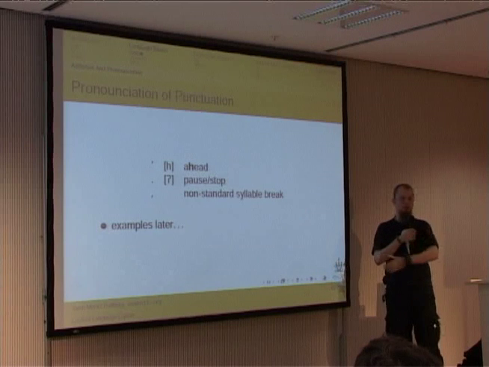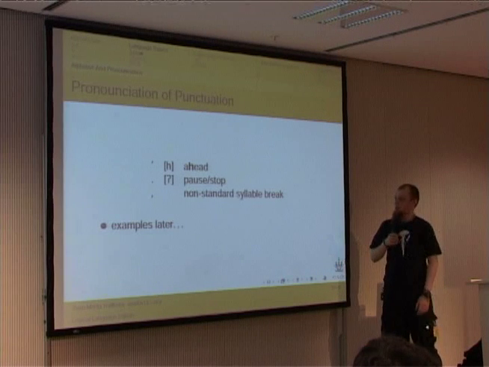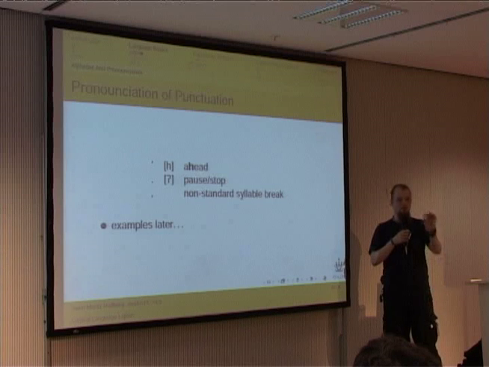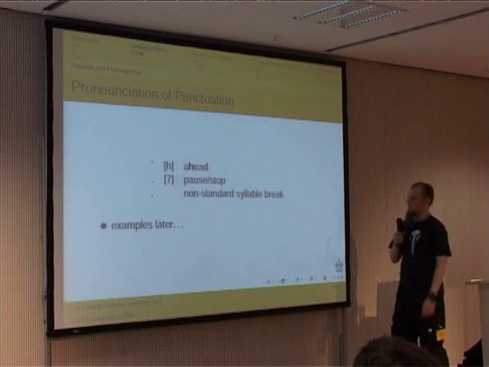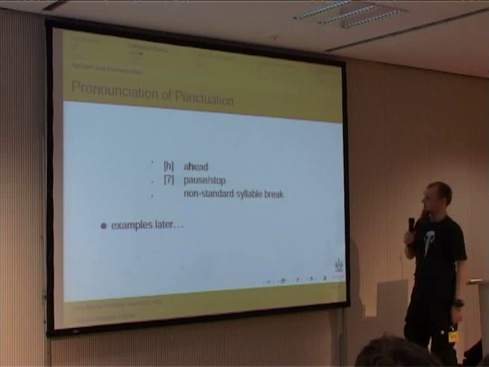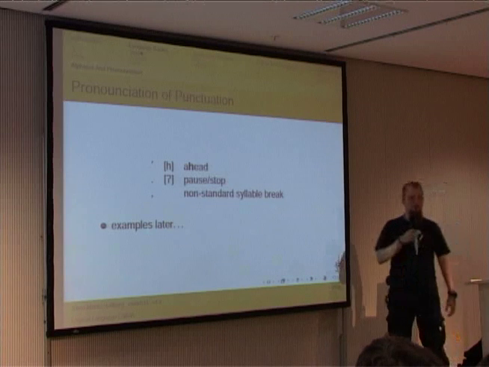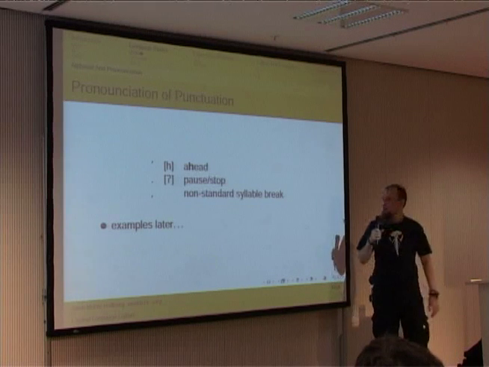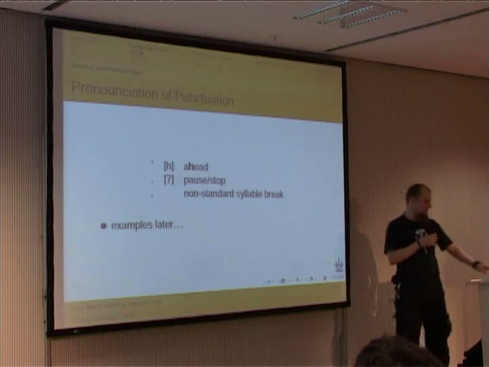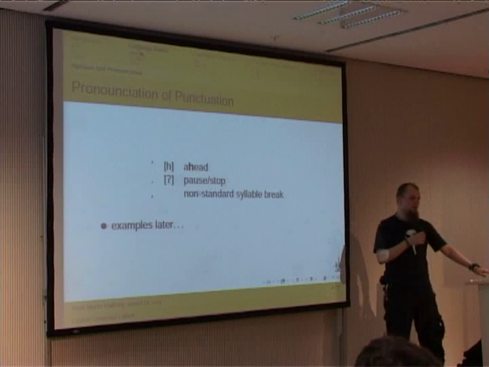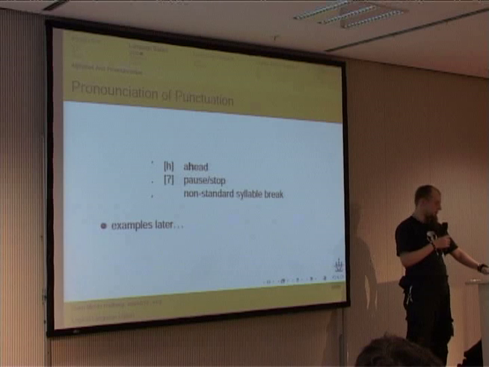You don't have to make a pause anywhere, except for special cases. And in these cases, you put a period there. The comma you don't usually have to write, and it's not spoken. It means it's a non-standard syllable break. This occurs in some words. I'll show you an example later.